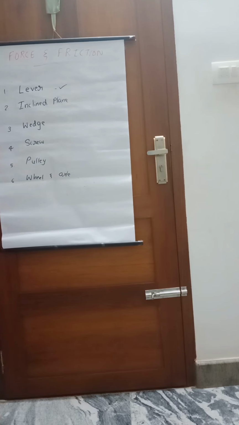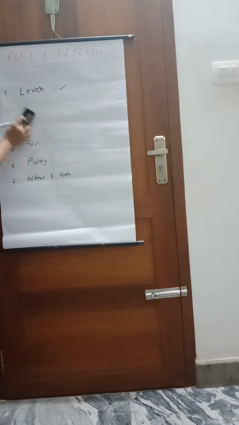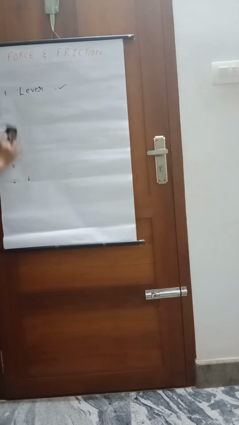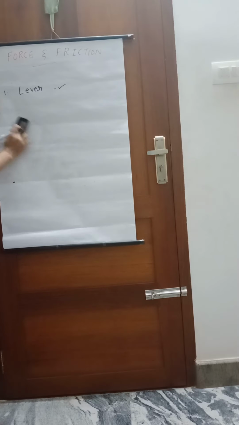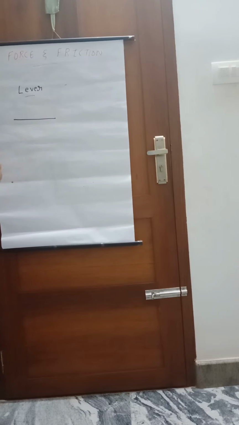So what do you mean by lever? That is what we are going to learn. Lever is a rod. It is a rod which can be rotated at any fixed point.